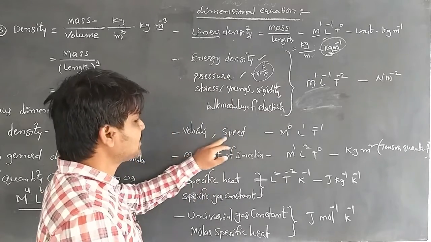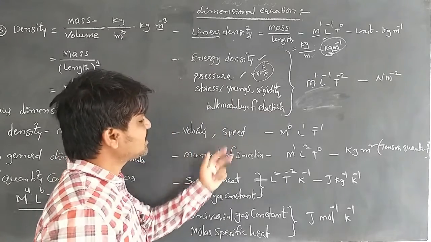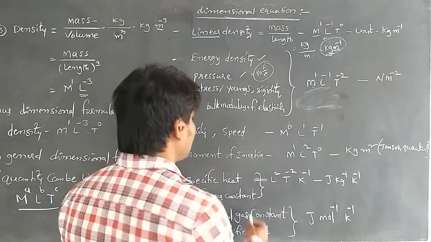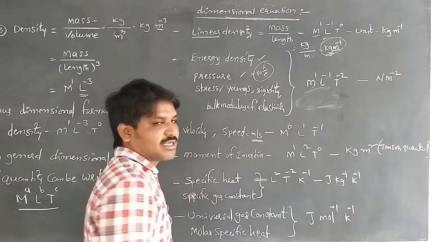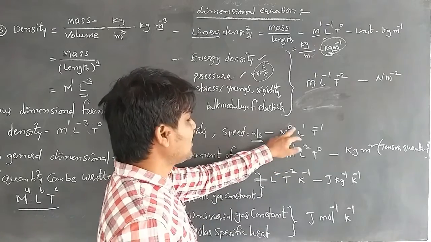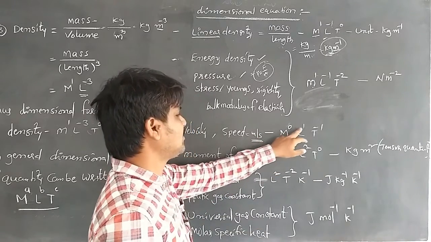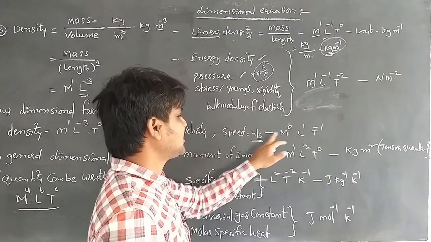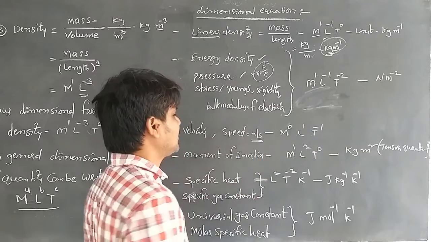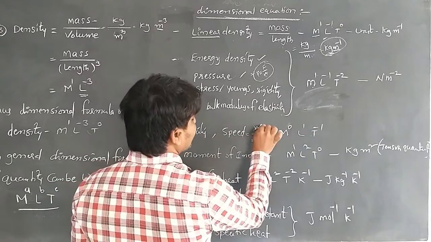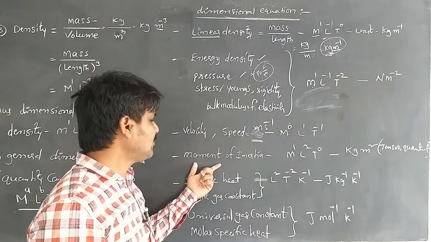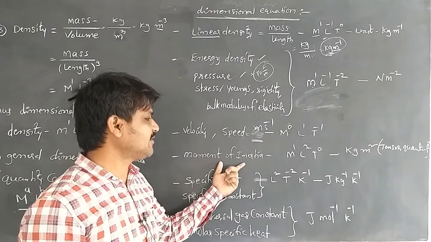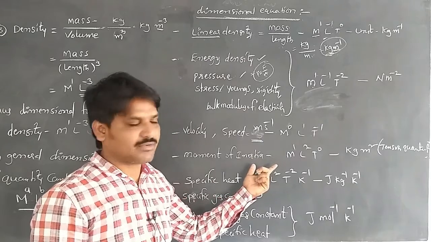Velocity and speed both have the same dimensional formula, because the unit is the same, meter per second. So M power 0, L power 1, and second power minus 1 when taken to the numerator, we can write T power minus 1. In the case of moment of inertia, the unit is kilogram meter square.